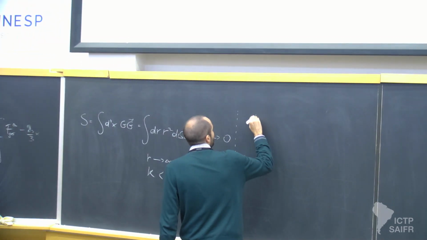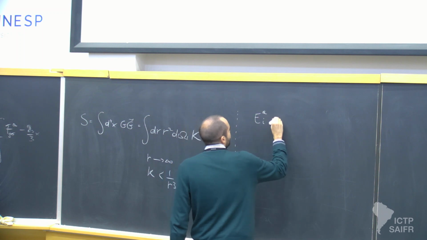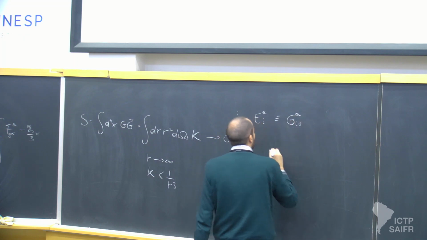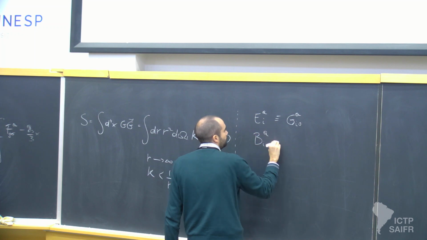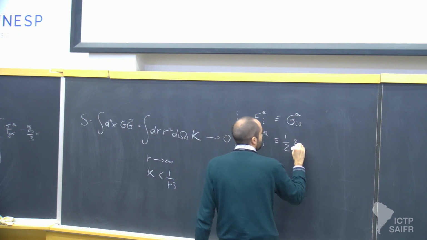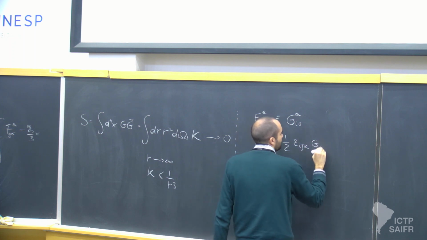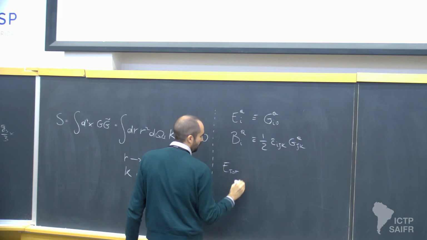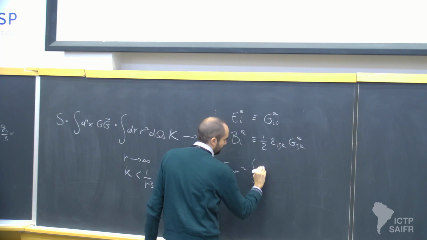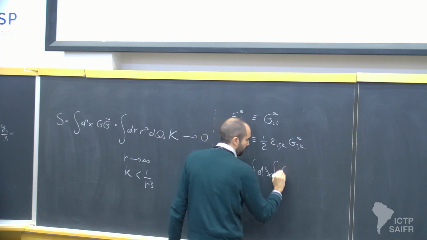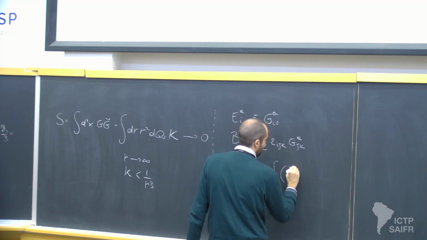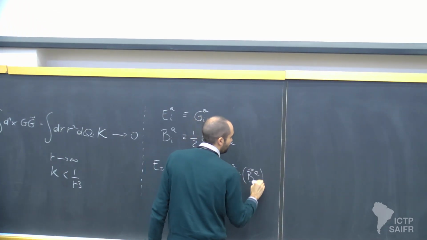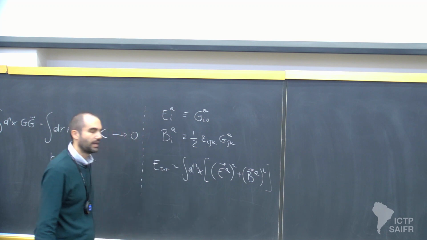So if, for example, we define an electric field in analogy to electromagnetism from the field strength, and similarly we define a magnetic field, then we can write the total energy, if we're looking only at gluons, as something like this, where a sum over the color indices is implied.